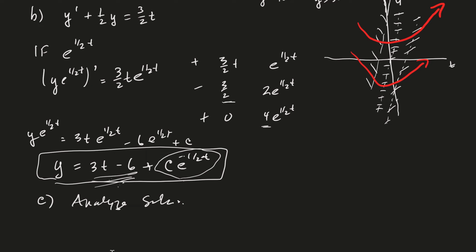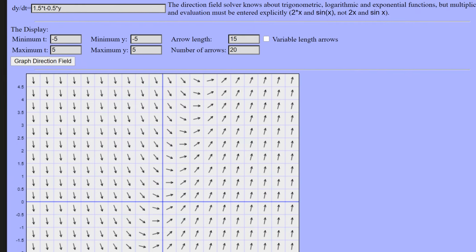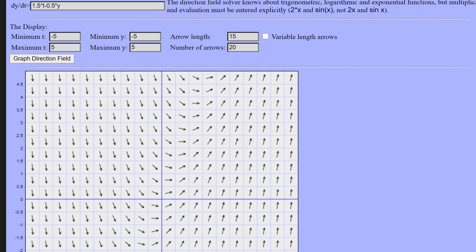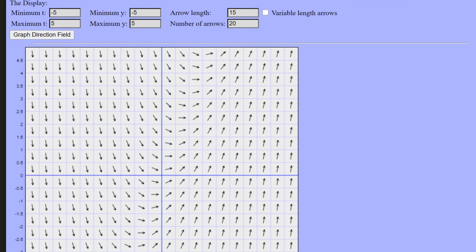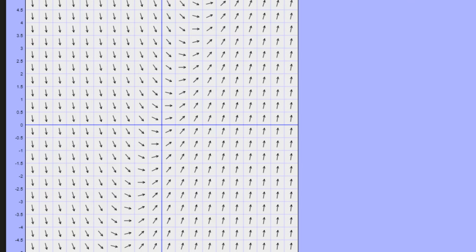Good. So finally, I just wanted to take a quick look at the direction field on the class website. So here I've written down the differential equation in decimal form. And here's the direction field.